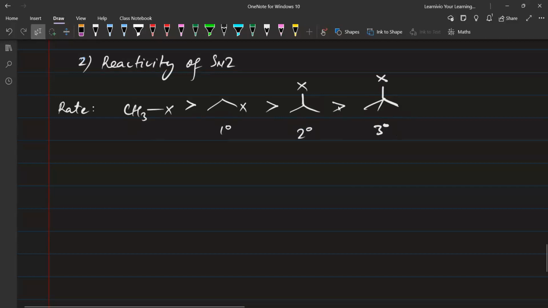There are a few points, write them down, important note.